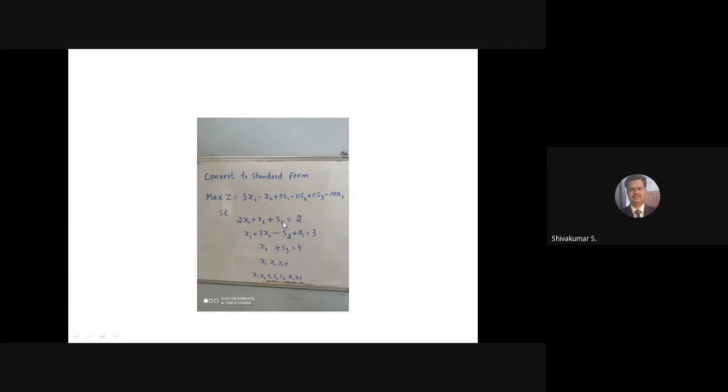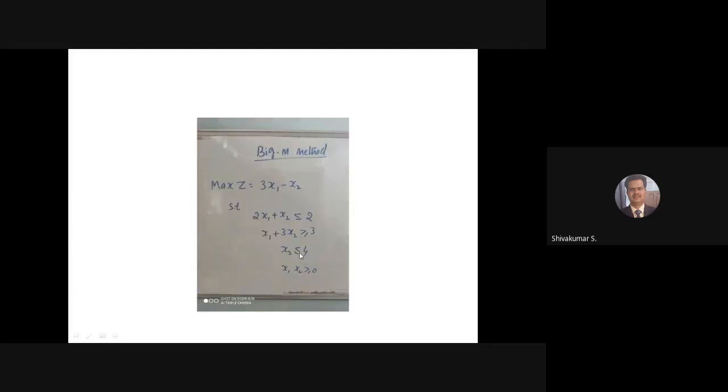This is the surplus variable, and that is the slack variable. So I told you three variables: slack variable, surplus variable, artificial variable. The plus a1 is only introduced to take it as a basic variable. So plus a1 is equal to 3.